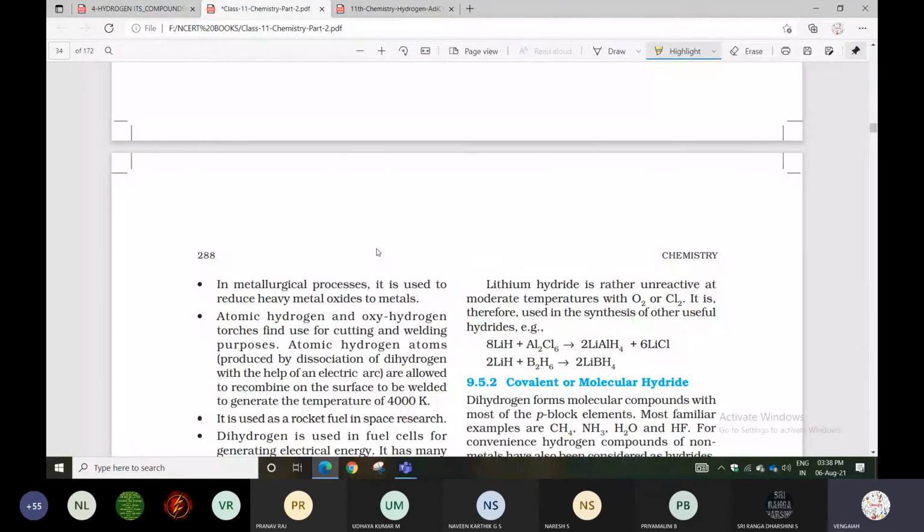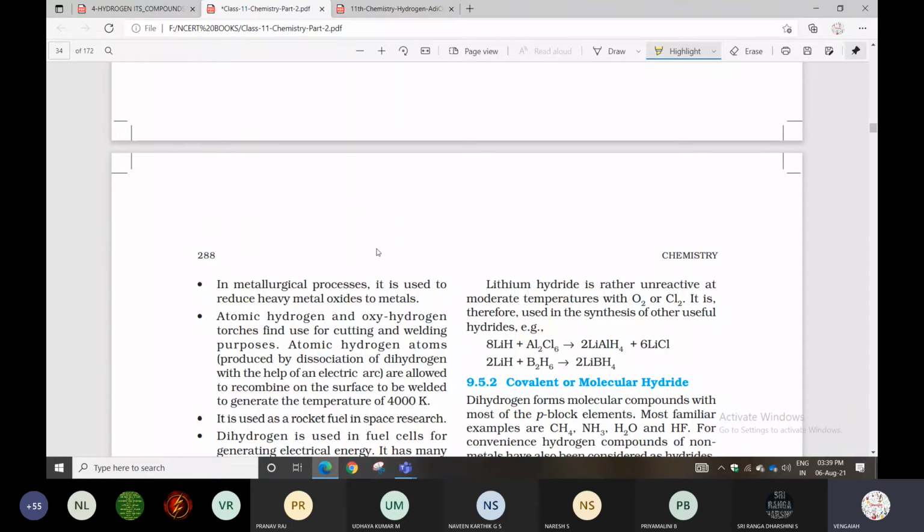Otherwise, we have electron rich, reacting with the 15th, 16th, 17th group. One more point, ionic hydrides have another name: saline hydrides, or salt-like hydrides. Covalent hydrides are classified into three types: electron deficient, electron rich, and electron precise. Precise is the 14th group, deficient is the 13th group, rich is the 15th to 17th group elements; you can remember.